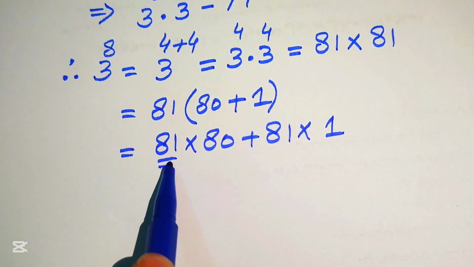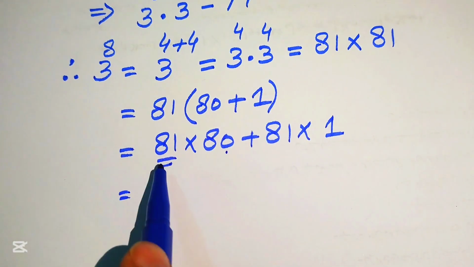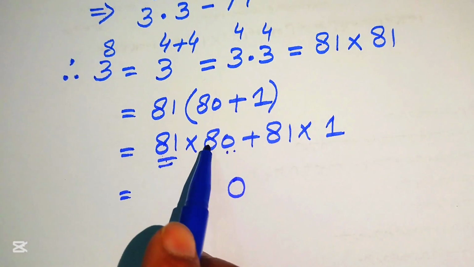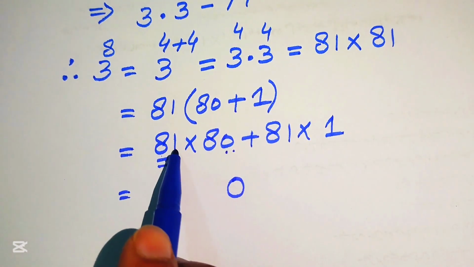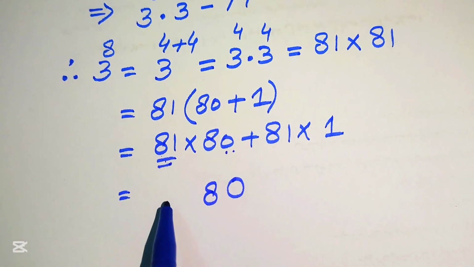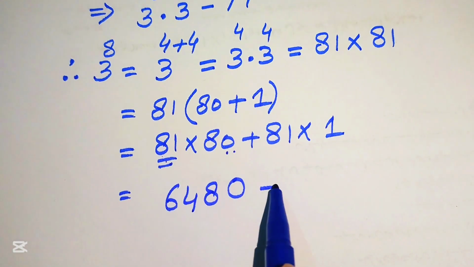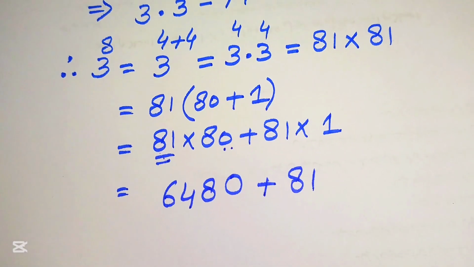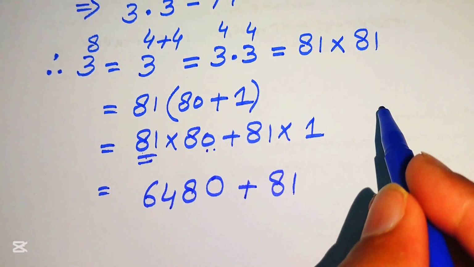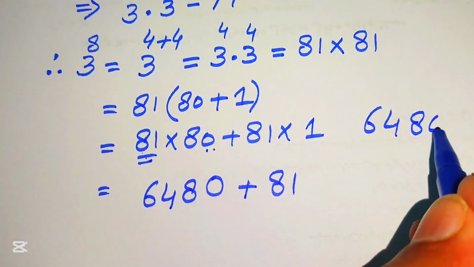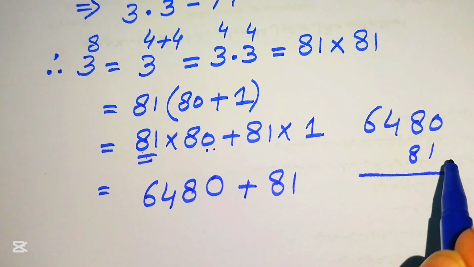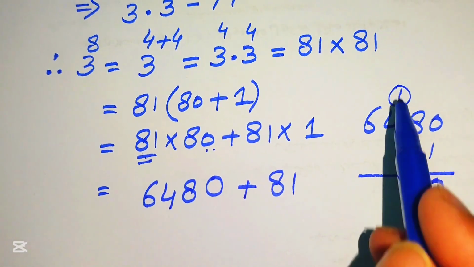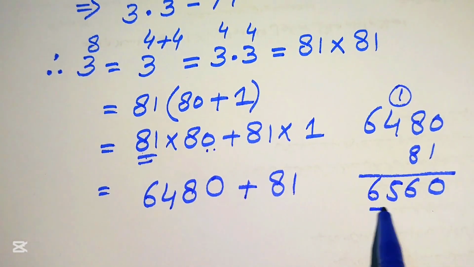Now you see, if you multiply 81 with 0, we get 0. When you multiply 81 by 8, 8 ones are 8 and 8 eights are 64, and then we add 81 times 1, which equals 81. We add these two values by the traditional method of addition. 1 plus 0 is 1, 8 plus 8 is 16, we write 6 and carry 1, 4 plus 1 is 5, and 6.